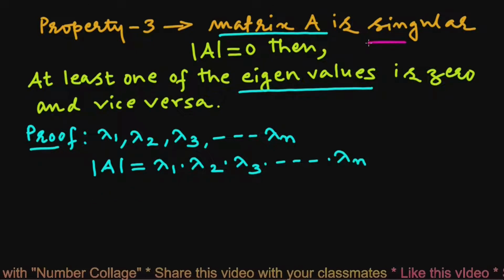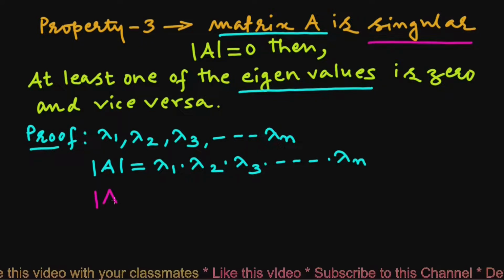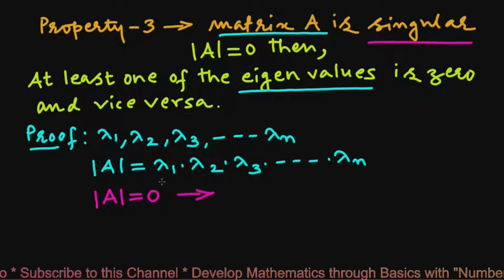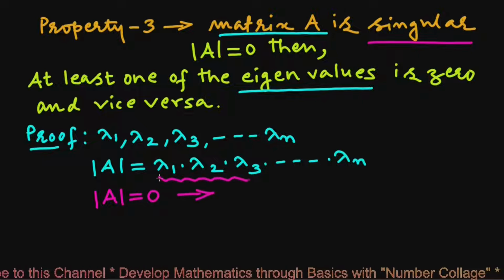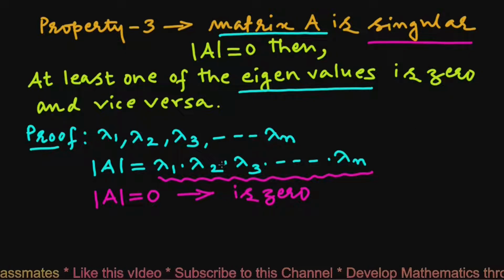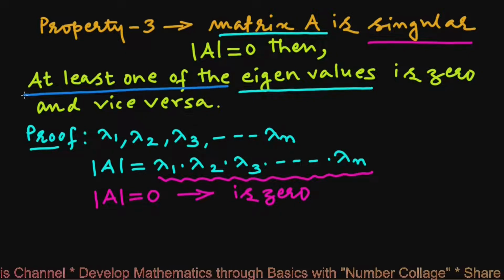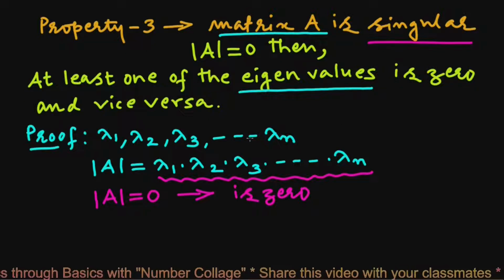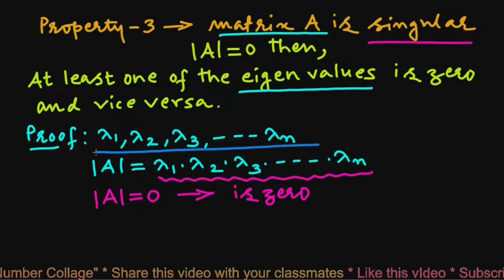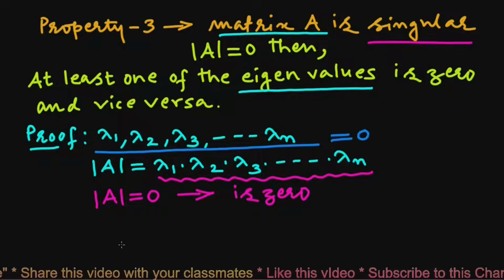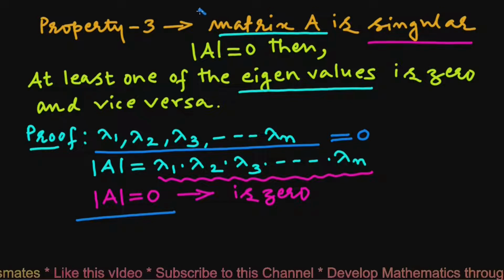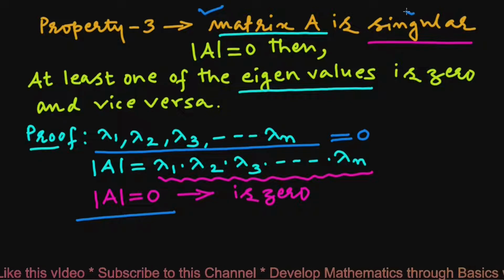But this matrix A is singular, therefore determinant of A equals 0, which means at least one of these eigenvalues is 0. And conversely, we can say that if at least one of these eigenvalues is 0, then determinant of A is 0, provided matrix A is a singular matrix.